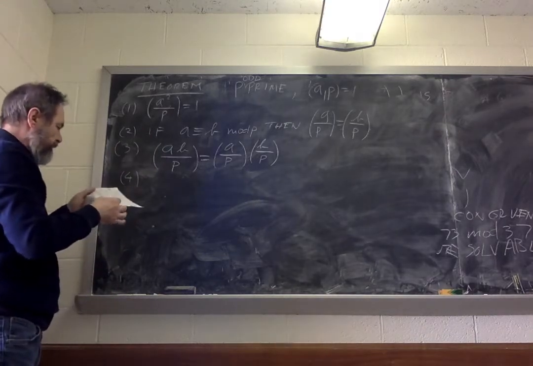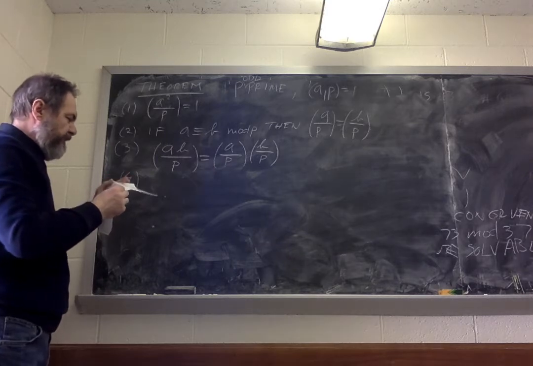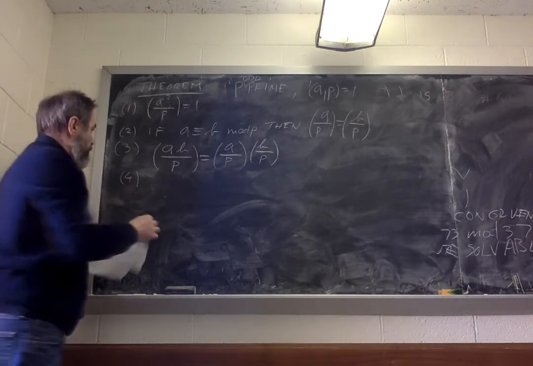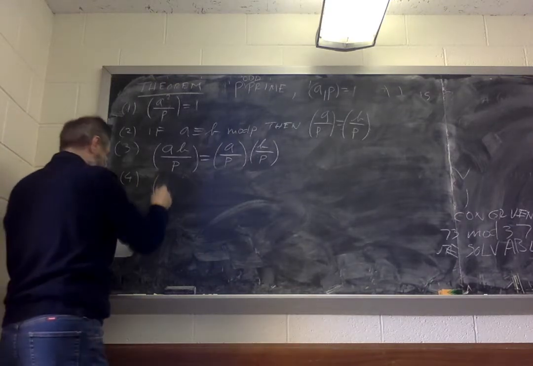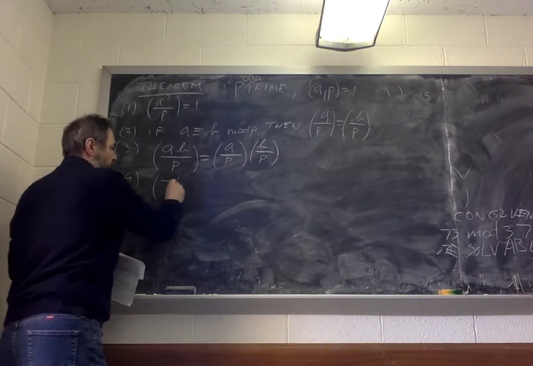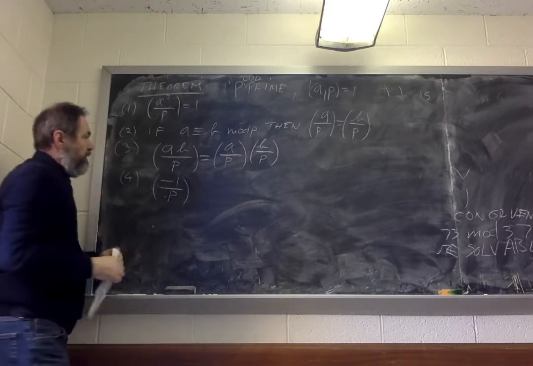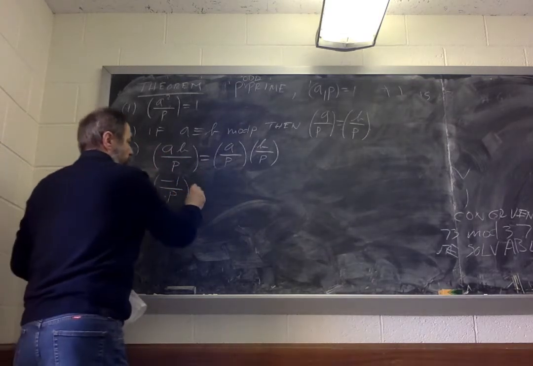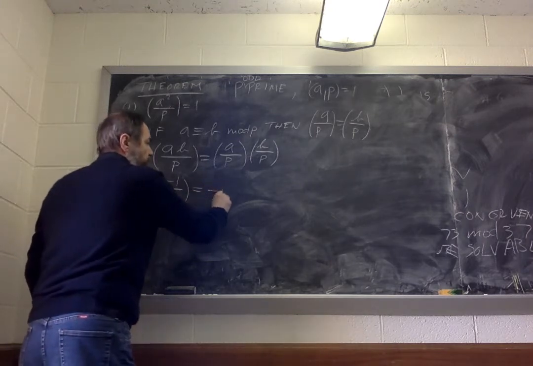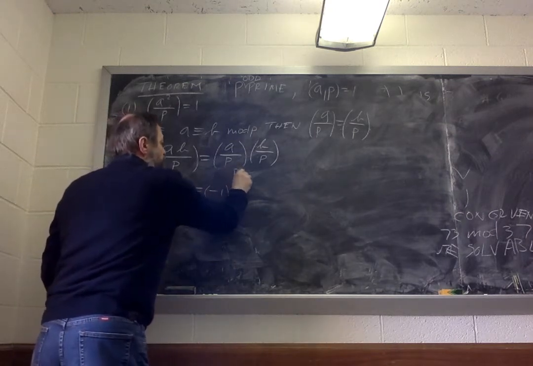Anything else? Yes, there are two special cases. If one of the numbers is minus 1, if a was minus 1, and the symbol is minus 1 over p, it's just minus 1 to the p minus 1 over 2.